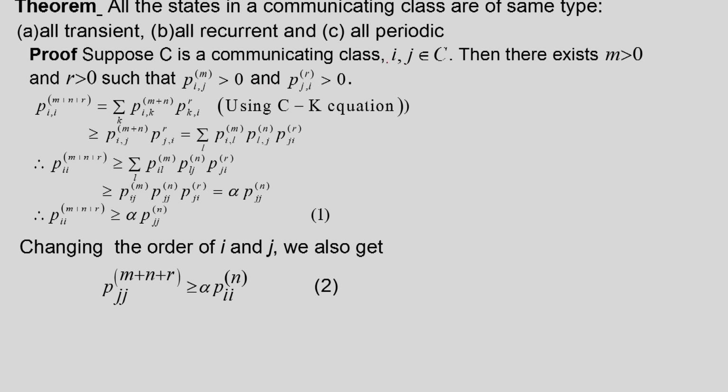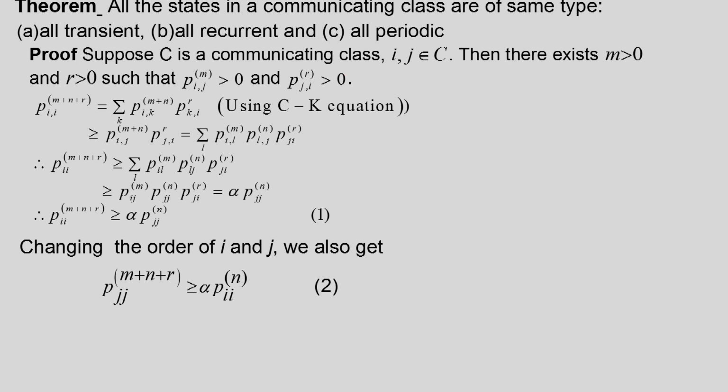Since j is accessible from i and i is accessible from j, there exist m greater than 0 and r greater than 0 such that P_ij^m is greater than 0 and P_ji^r is greater than 0. There exist some m and small r where these probabilities are non-zero.